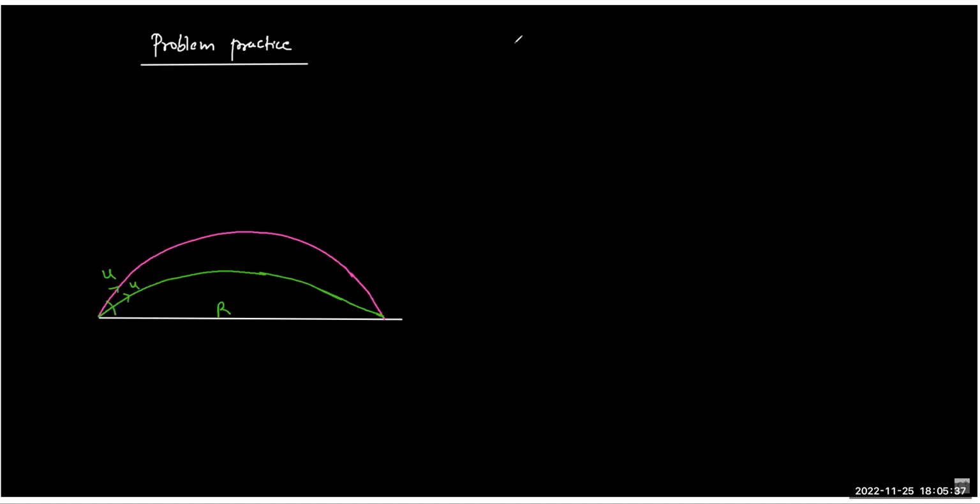One is the big angle, let's call it alpha, and the small one beta. The difference you can see in the two cases will be the difference of the height. So you can see the maximum height is different in both cases, right?